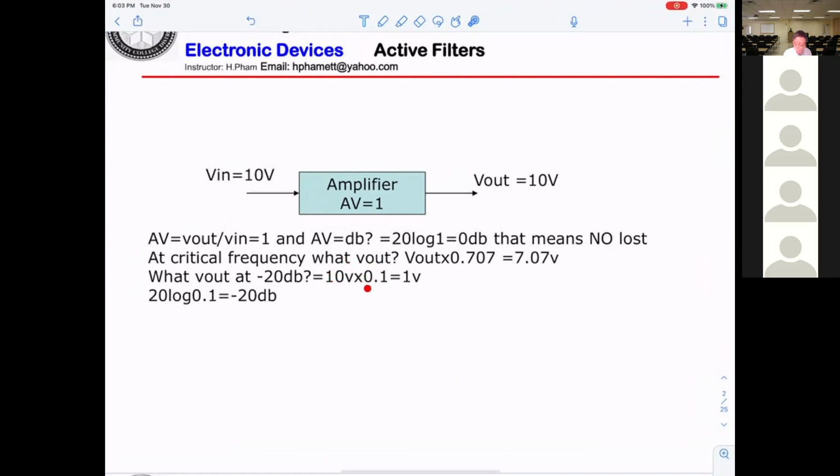Is that like 1 decade or something? Exactly. The thing is, when they're talking about dB, you cannot do anything with dB. You have to know the numerical value of that number. Minus 20 dB is equivalent to 0.1. Minus 40 dB is equal to 0.01.